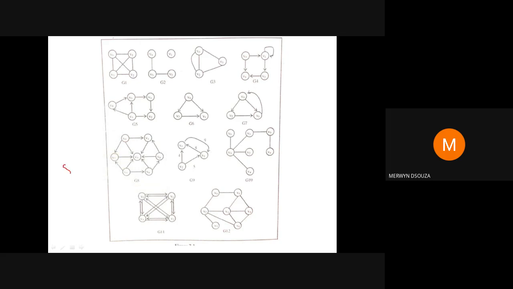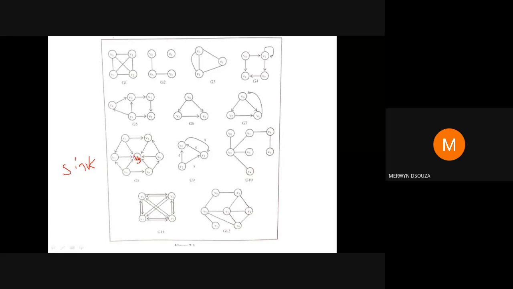The next definition you need to know is sink, S-I-N-K. A sink is a vertex which has no outgoing edges but only has incoming edges. The other definition of a sink is that the out degree of a sink is 0. In graph G8, V3 is the example of a sink.